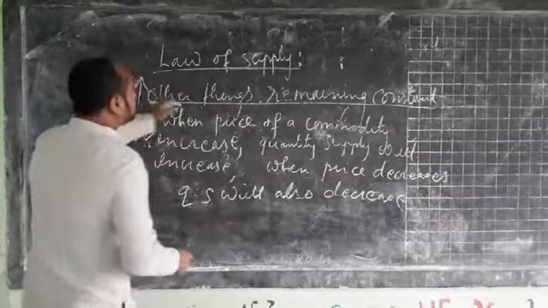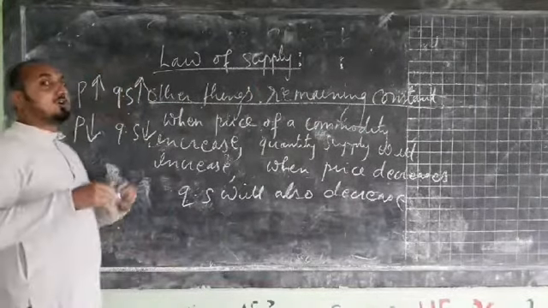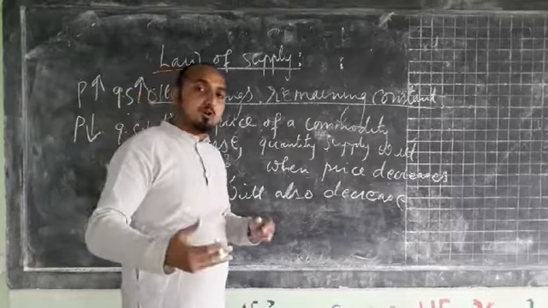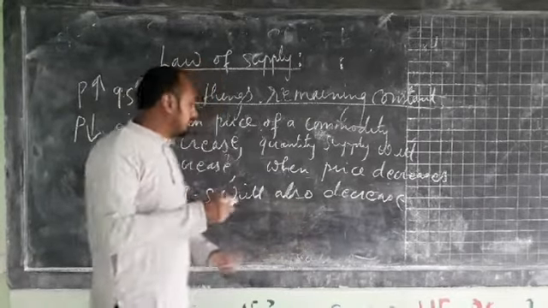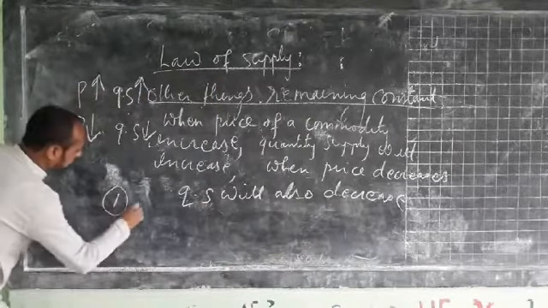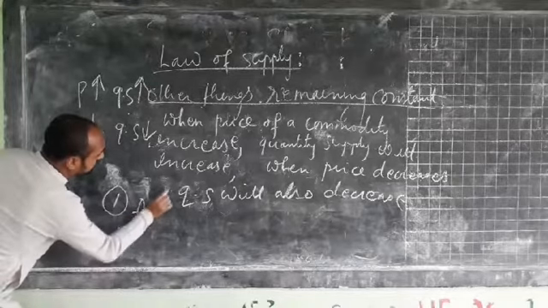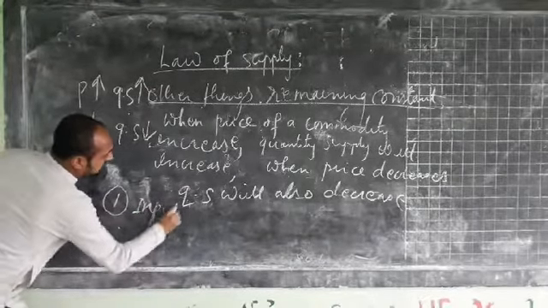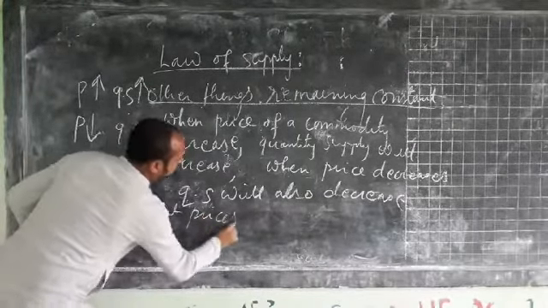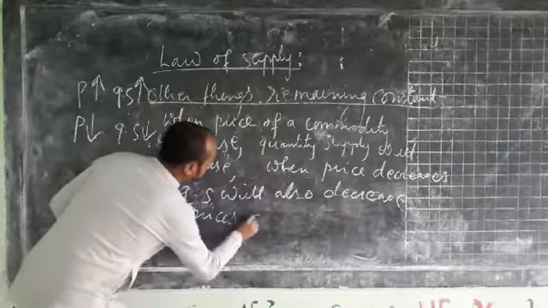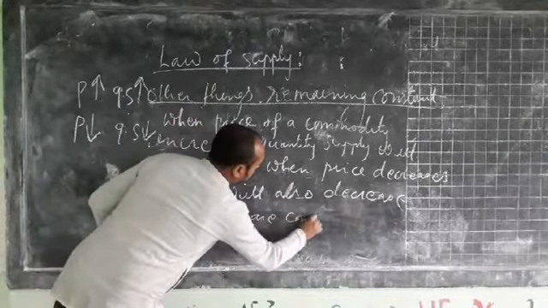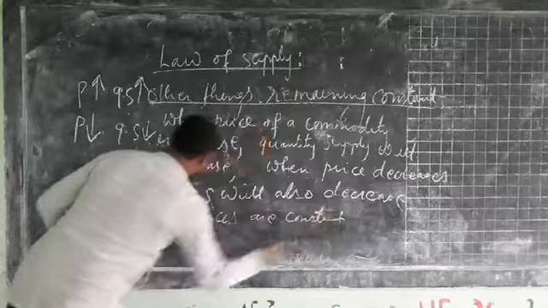So here other things remaining constant means the other determinants except the price of commodity will remain constant. Number one, input prices are constant.